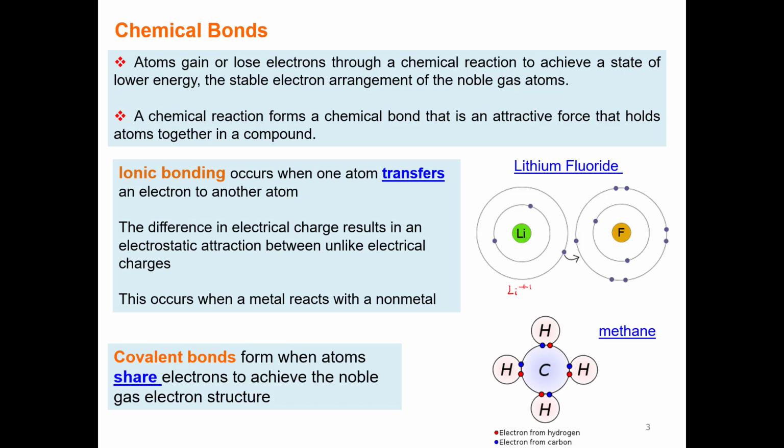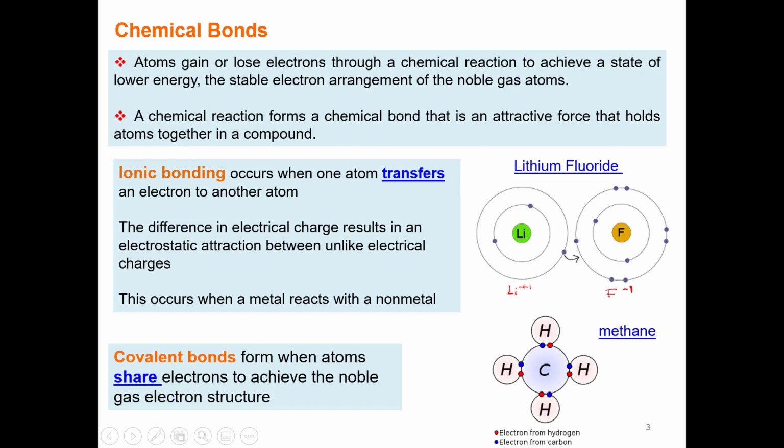But if fluorine gains one electron, then the ion will be negative one. And the electron configuration now is similar to neon, which is a noble gas.